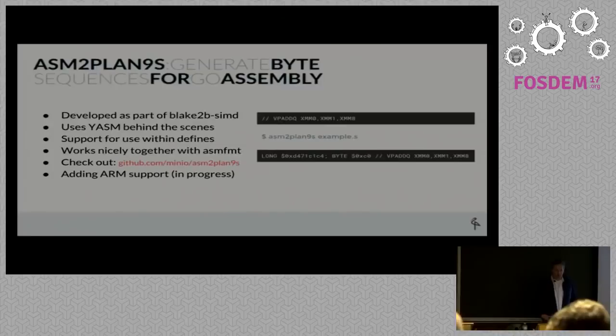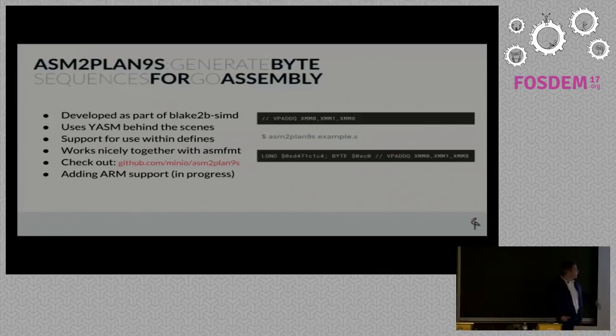Along the way, we also developed a small utility called asm2plan9s, which generates byte sequence codes for opcodes or assembly instructions that are not natively supported by Go itself. It uses the YASM assembler behind the scenes.